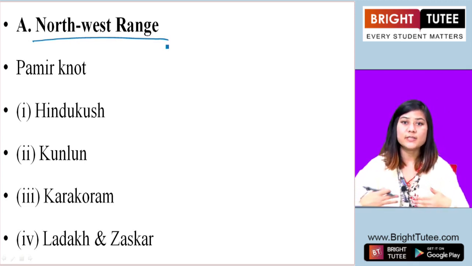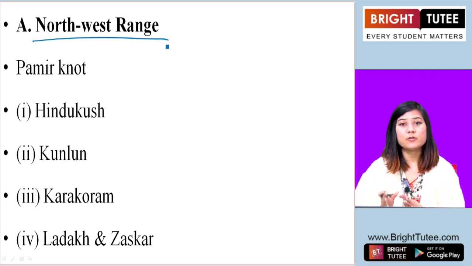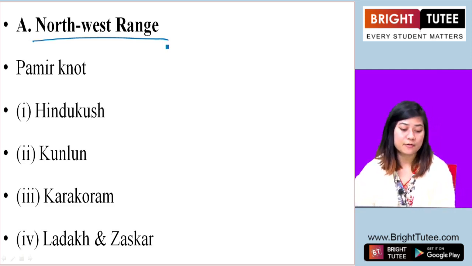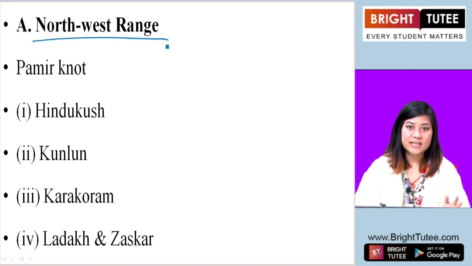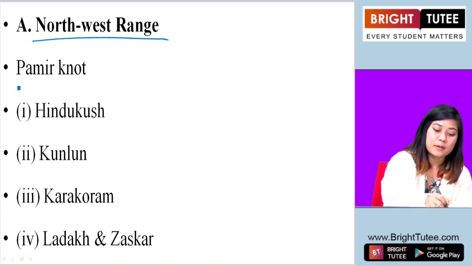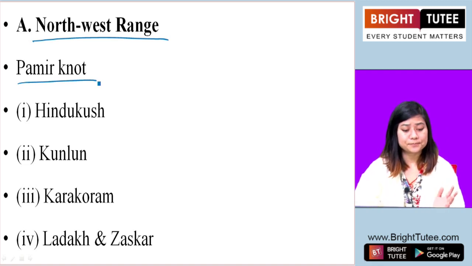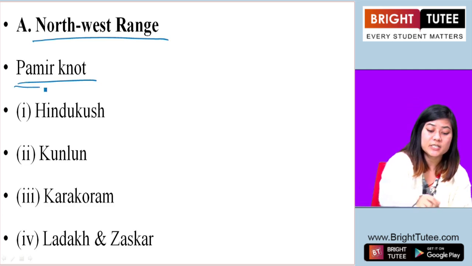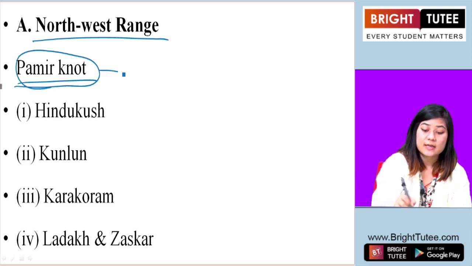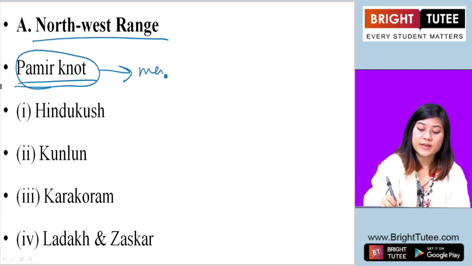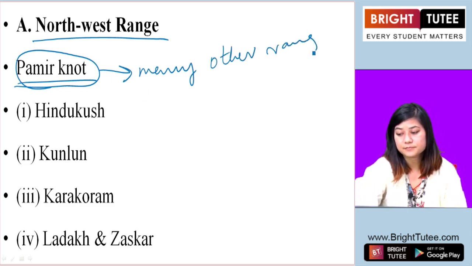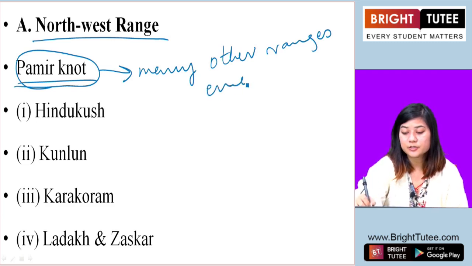Okay, so all this mountain range, the Himalayas, lies in the north. Now we will look at the western part of that northern Himalayan range. The range that lies to the west is called Pamir Knot. Now from this particular range, many other ranges emerge.